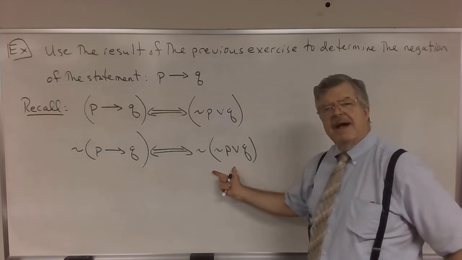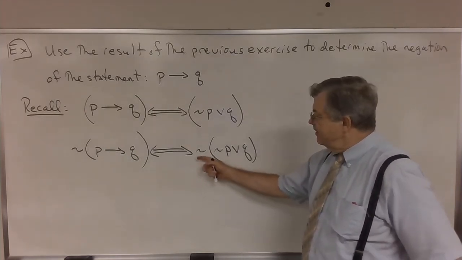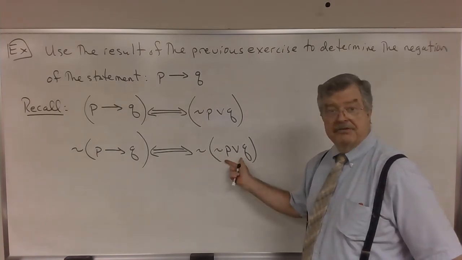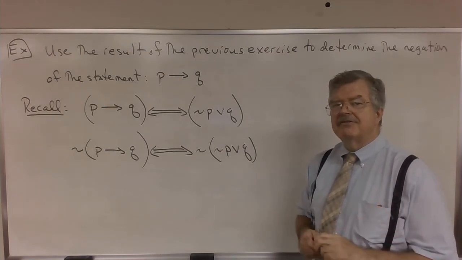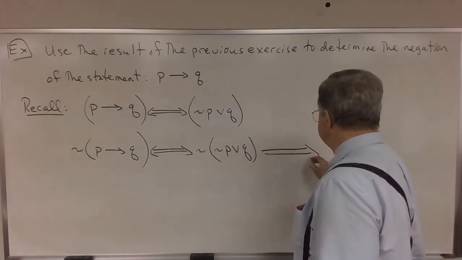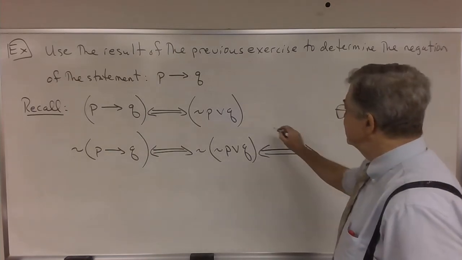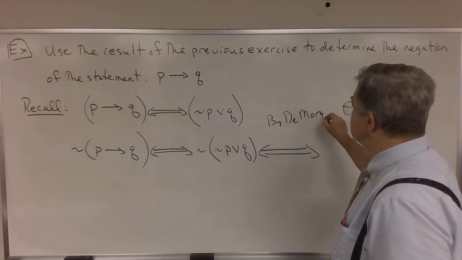Well, I'll tell you what I notice here is that this is the negation of an or statement. And DeMorgan's laws tell us how to do that. So I'm going to say these are logically equivalent by DeMorgan's laws.